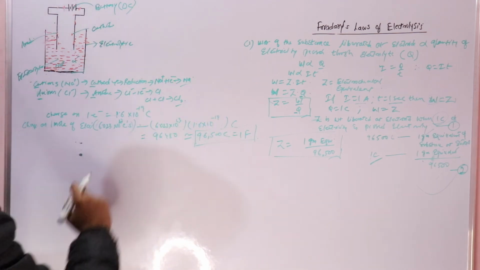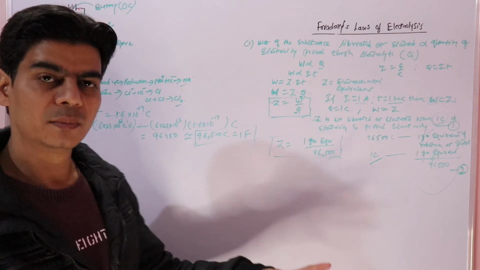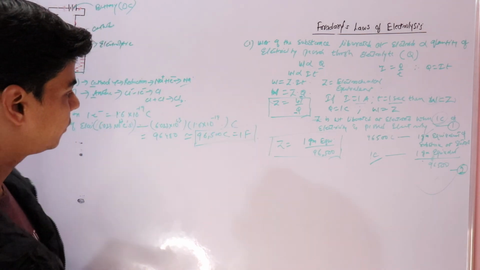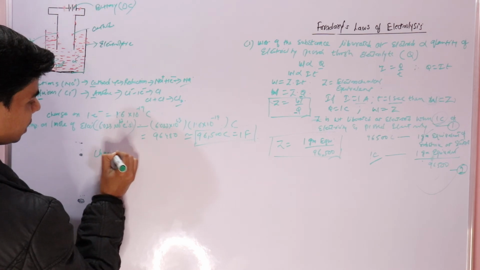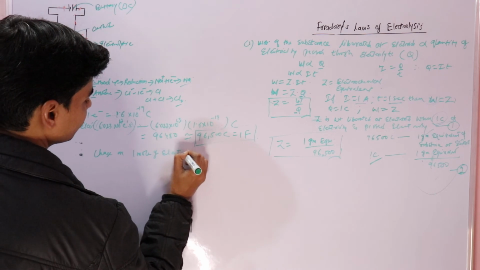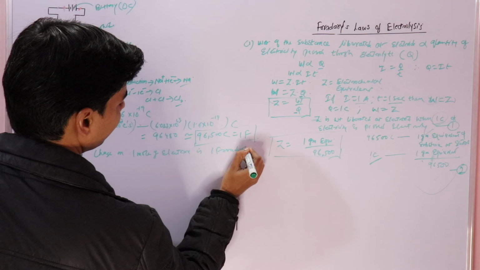96,500 is the charge on 1 mole of electrons. Charge on 1 mole of electrons is equal to 1 Faraday. We say it as the charge on 1 mole of electrons is 1 Faraday, right?